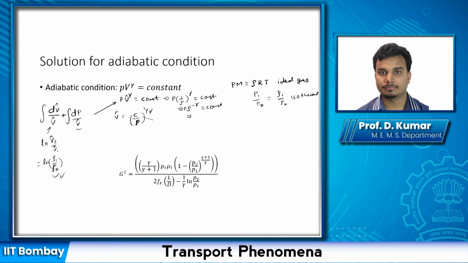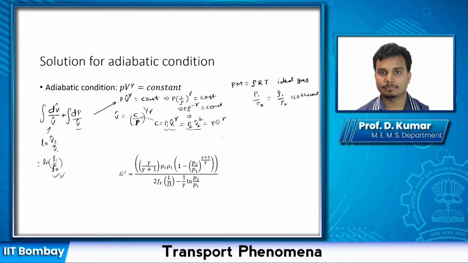The only thing that you need to take into account is C could be anything. It could be P1 V1 gamma, P2 V2 gamma, whatever, any PV gamma. So that way, if you know the entry condition or exit condition, you can find this thing, and you can see that effect comes here.